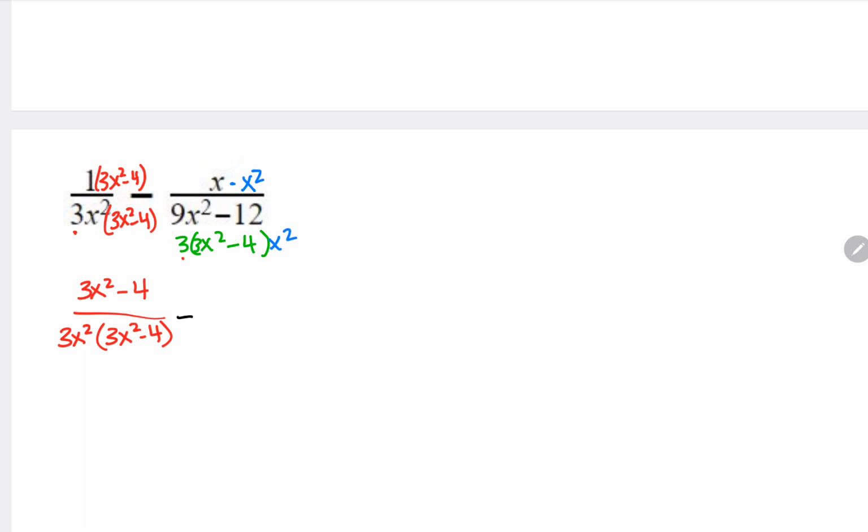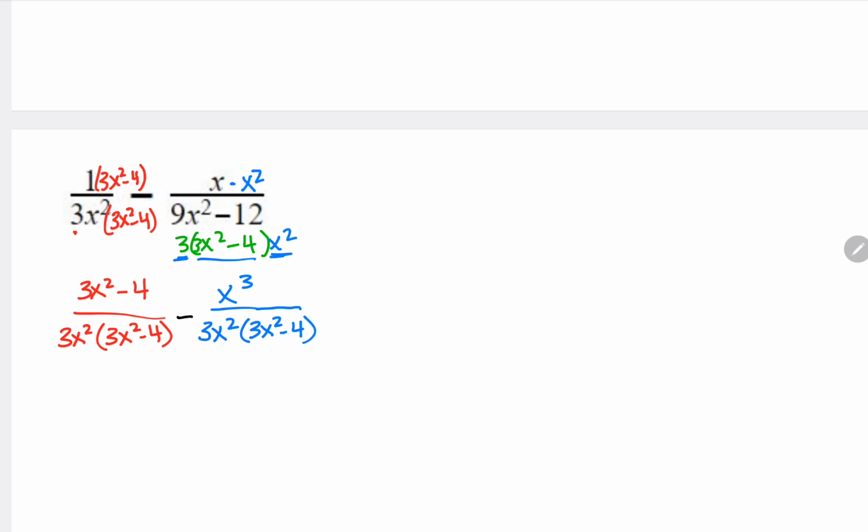And then when I subtract in my second set, I have x cubed in my numerator. And in my denominator, now I have a 3 and a 3x squared, and a 3x squared minus 4. So our denominators match now.